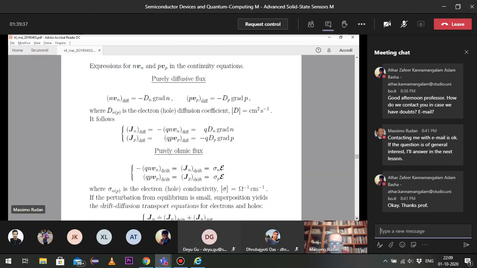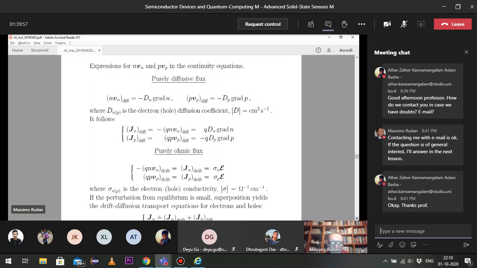Now we go from the flux to the current density. So when we consider the current density of the electrons, Jn, we multiply the flux by minus q.